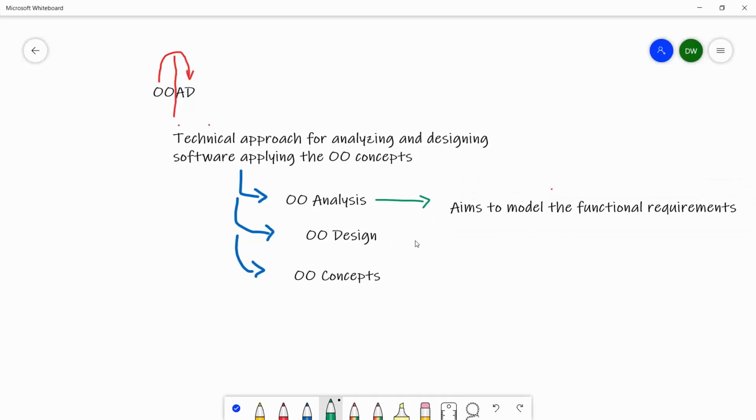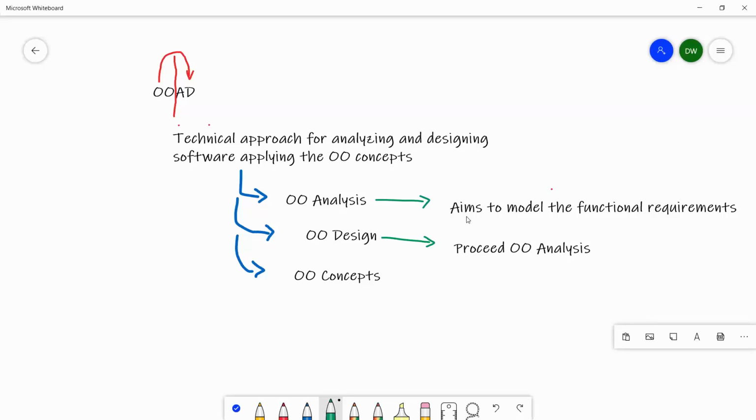And in the designing part, we proceed with the object-oriented analysis results. So here in object-oriented analysis, we analyze what the requirements of the system to be designed are.